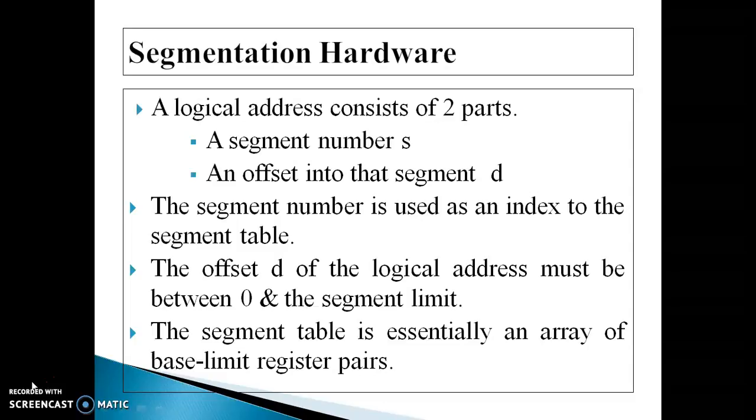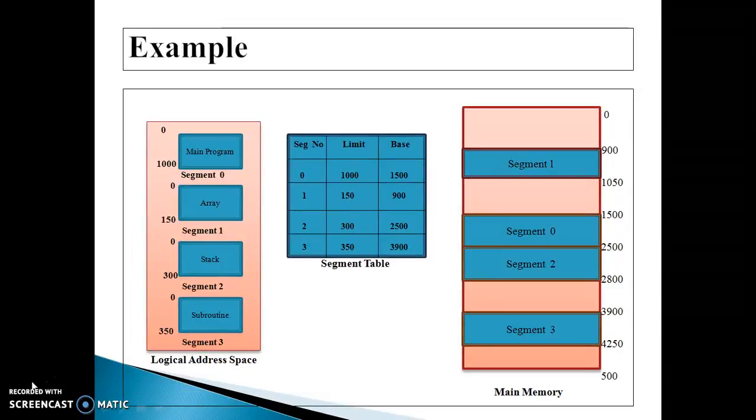Let's take an example. In this example, the logical address space or a job is divided into 4 segments numbered from 0 to 3. Each segment has an entry in the segment table. The limit specifies the size of the segment and the base specifies the starting address of the segment.